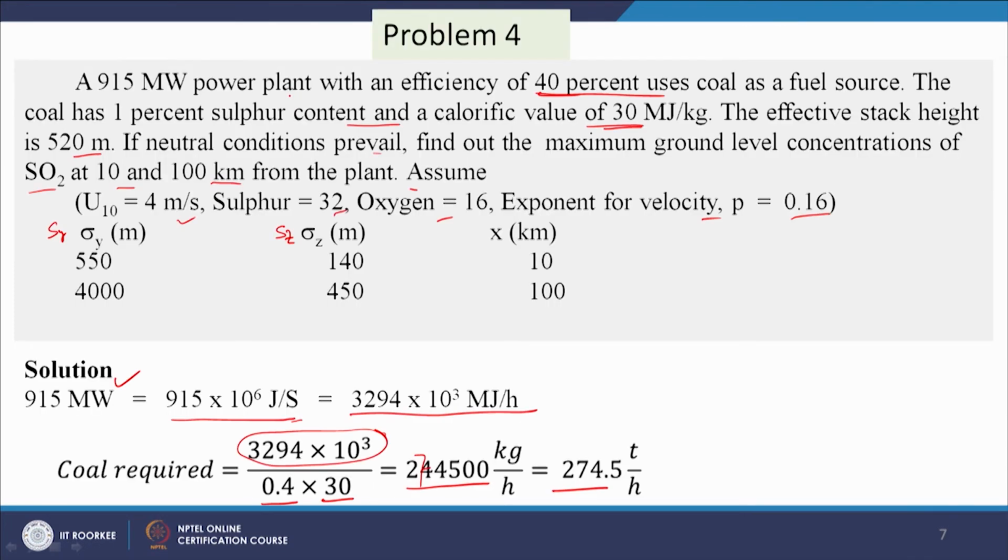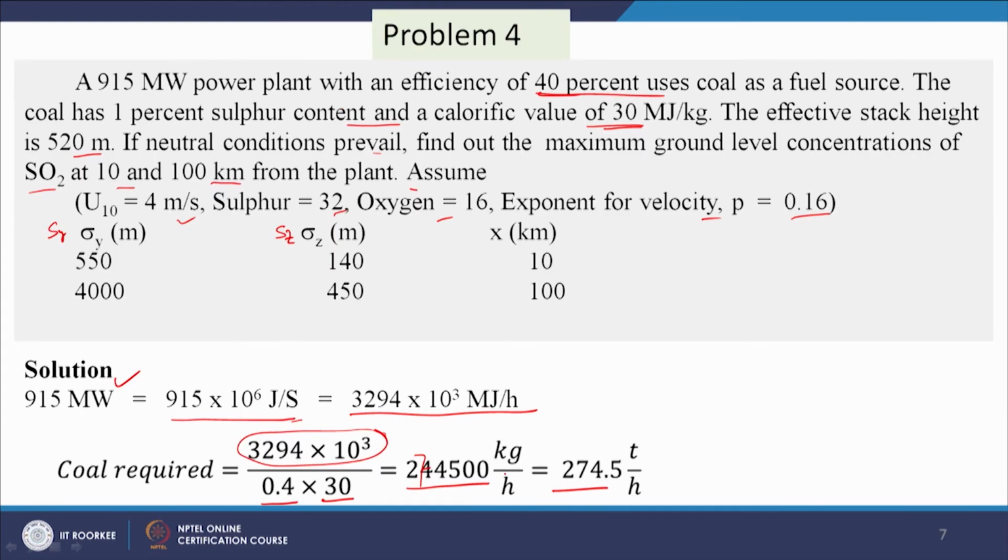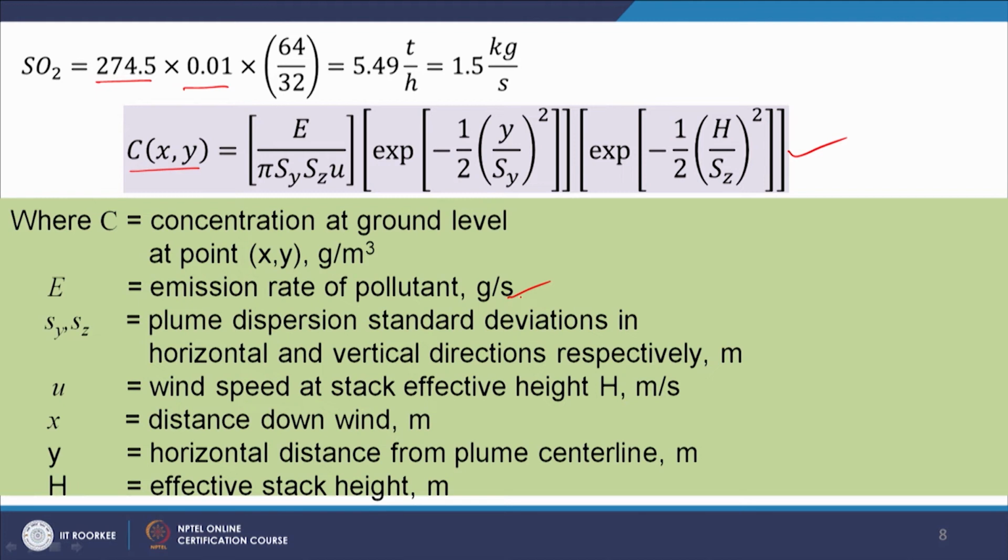So, what we have got here is ton per hour. So, we have to convert it into gram per second. So, unit conversion: we had ton per hour, we are converting it into gram per second. So, these are the unit conversions, and 1.5 kg per second we are getting.